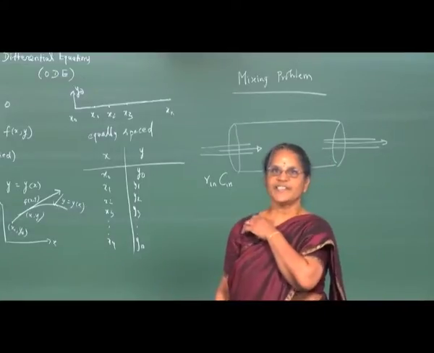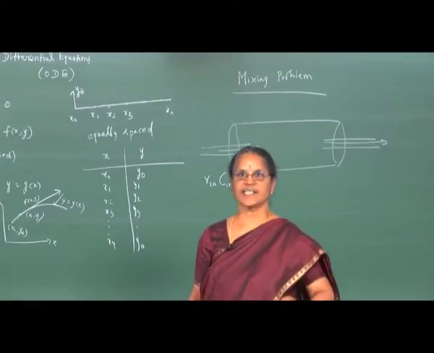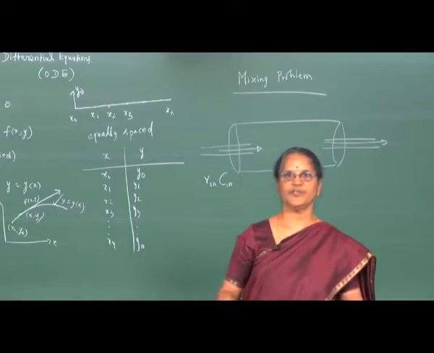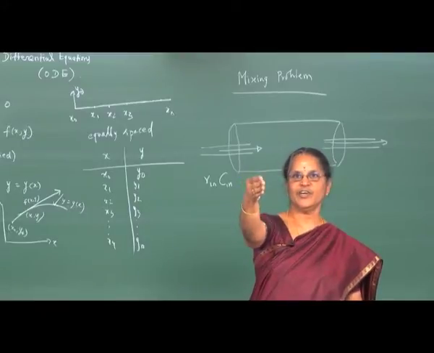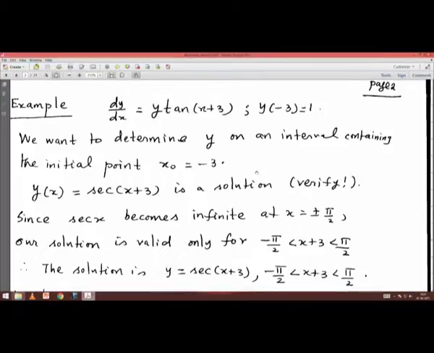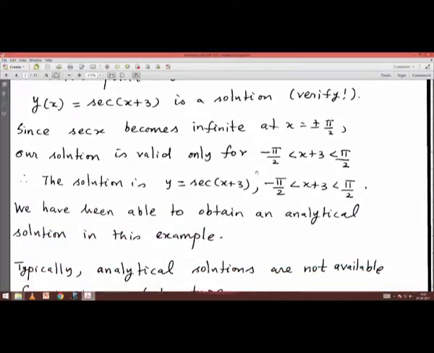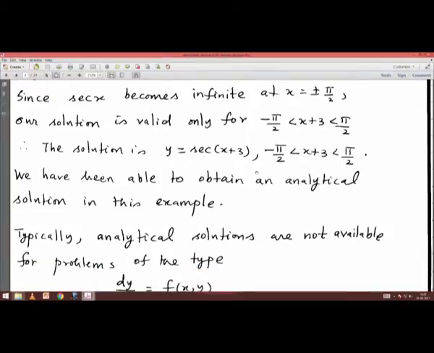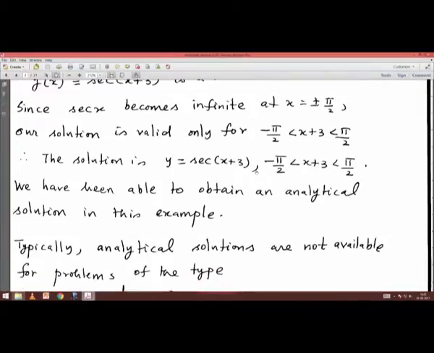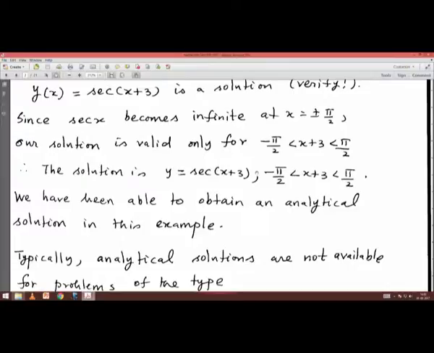And it is obvious that y equal to secant of x plus 3 is a solution, because you just take the derivative of secant of x plus 3, and you immediately get dy by dx given by y into tan of x plus 3, and the condition y of minus 3 equal to 1 is satisfied. So, this is an analytical solution. We see that secant becomes infinite at plus or minus pi by 2.